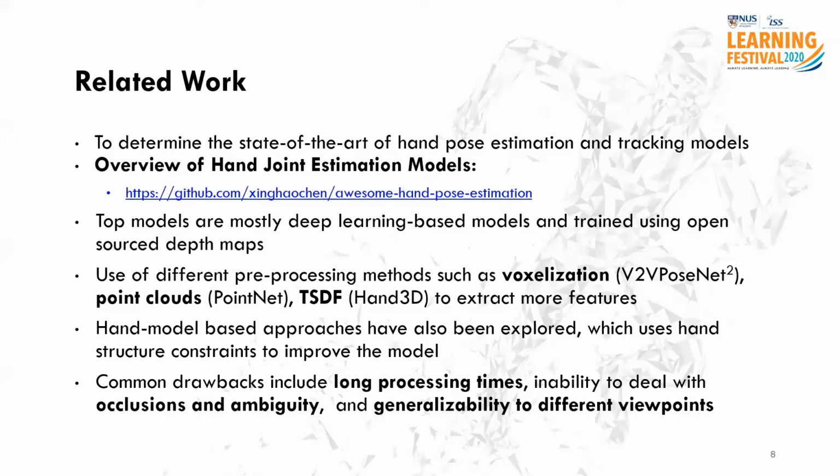Kinematic hand-based models have also been explored, which basically use the hand structure as a constraint to guide the estimation model. However, some of these methods also suffer from long processing times, inability to deal with occlusions, and also limited generalizability to different viewpoints of the hand.